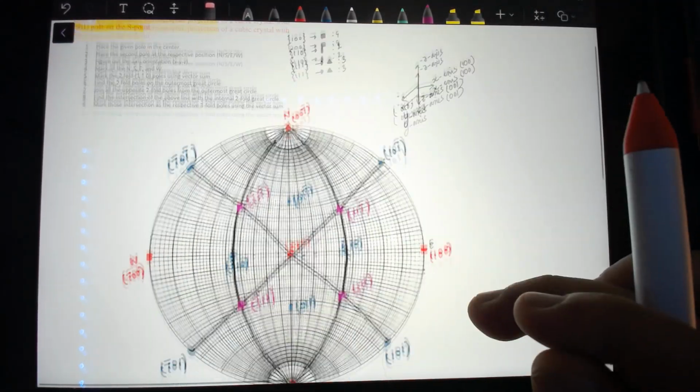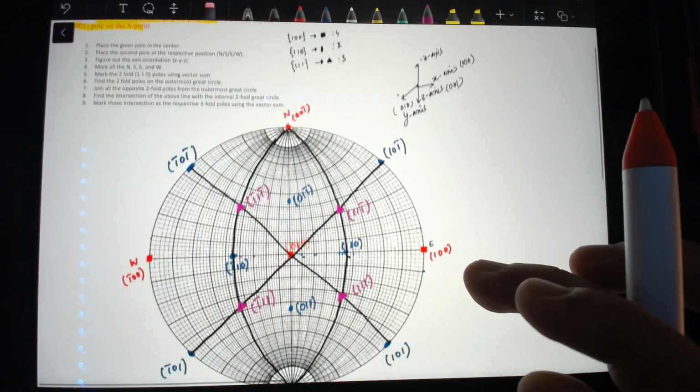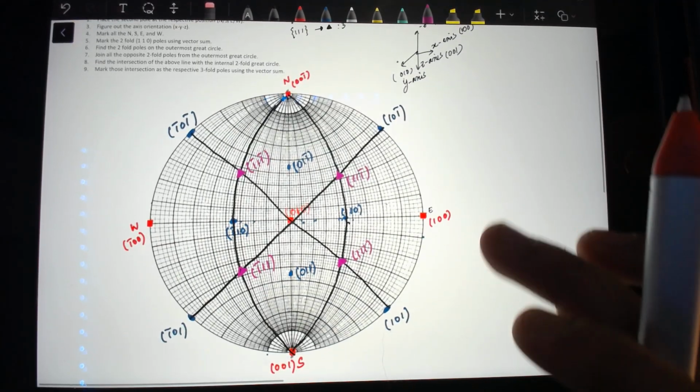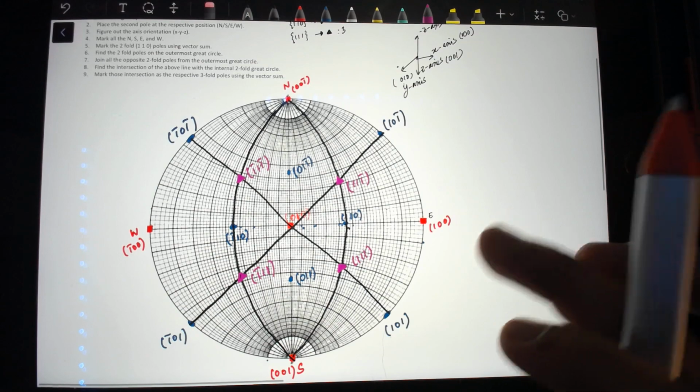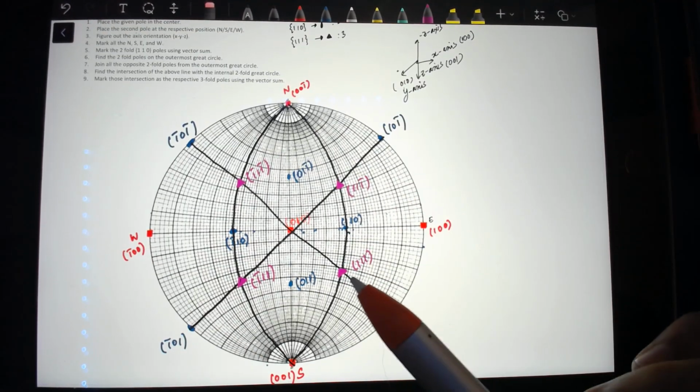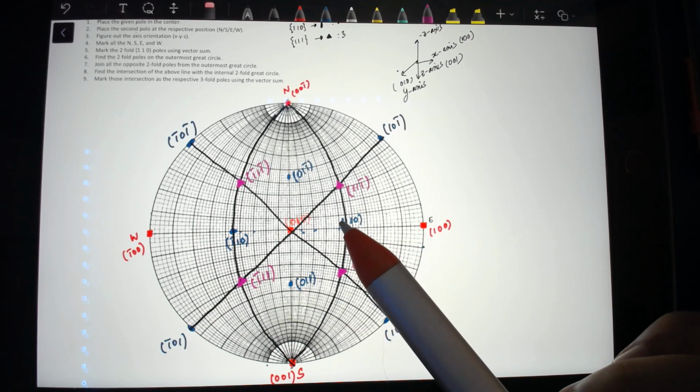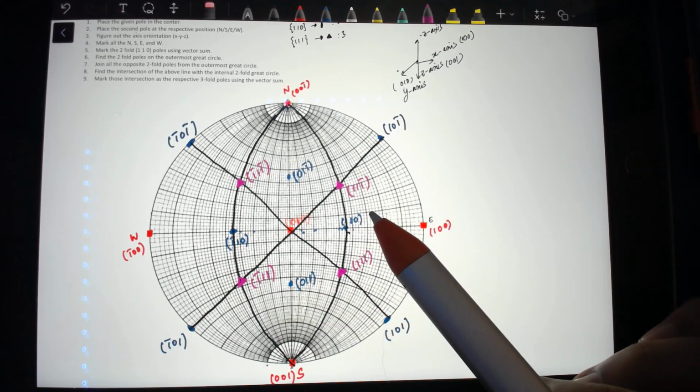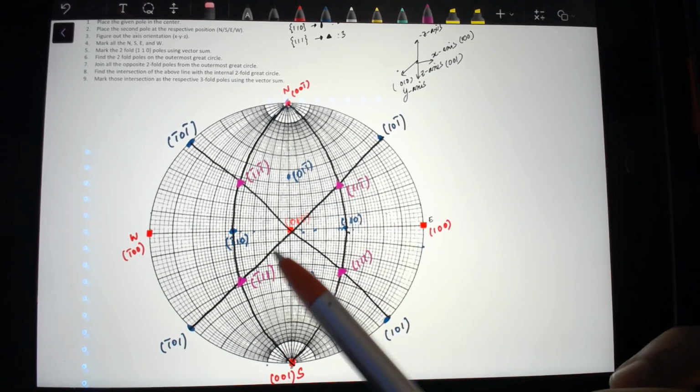Now, the next question will basically take something like this and then do more sub questions. So, other than just making the stereographic projection, we'll also figure out how to add other poles to this, or how to calculate angles between.